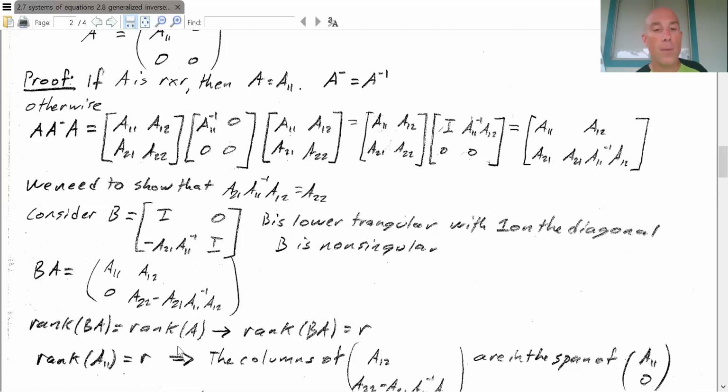And I know the rank of A is equal to R. So rank of B times A is equal to R. Now, by hypothesis in the theorem, the rank of A11 is equal to R. Okay, so I know that this thing multiplied out has the same rank as A11.